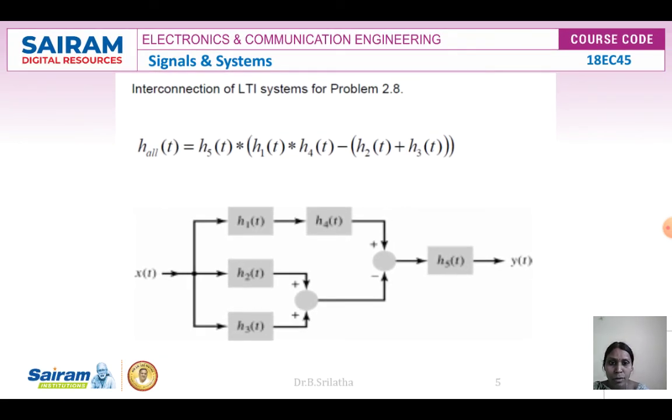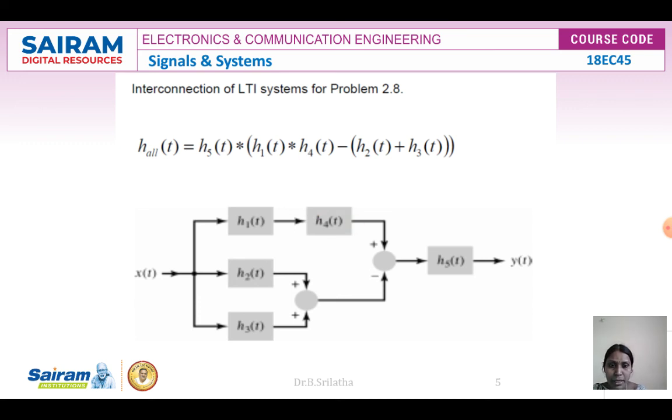From the input, you consider h2 of t and h3 of t in parallel, both plus, using the summer. Then h1 of t and h4 of t are connected in series, because convolution is nothing but a series. So h1 of t convolution h4 of t, from the input we connect it as a series.